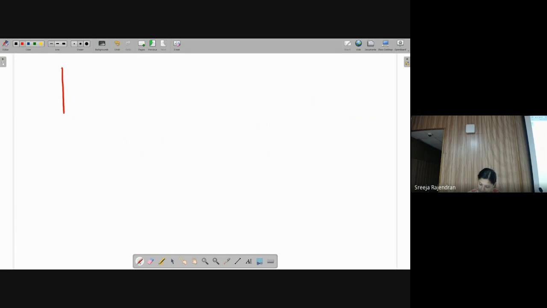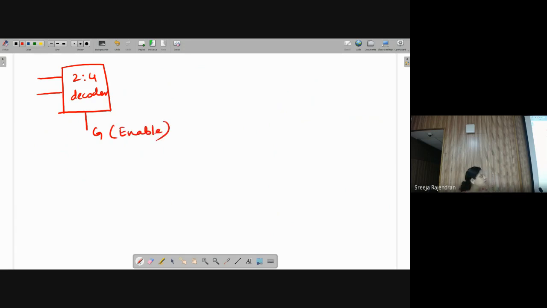Now, every decoder also has one additional pin. For the 2 to 4 decoder, I have an additional pin which I call G. This is my enable signal. This enable pin makes my decoder module active. This decoder circuit will be active only when my enable G is equal to 0. 0 means the circuit is active.